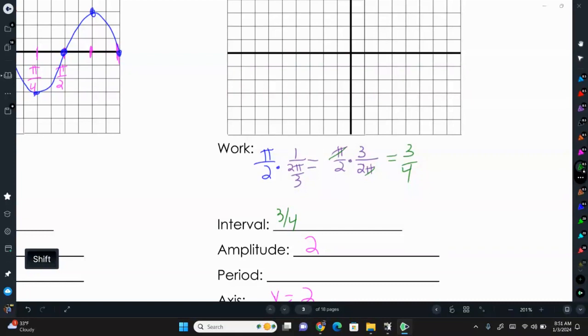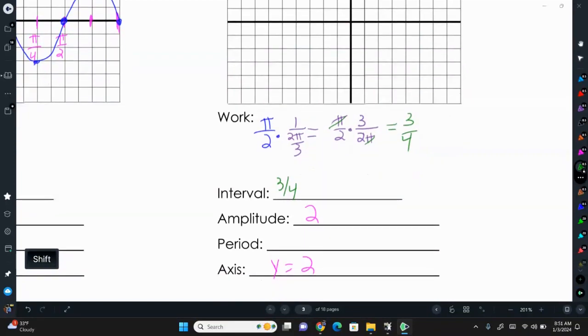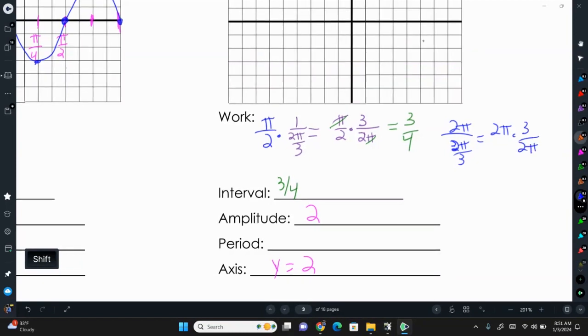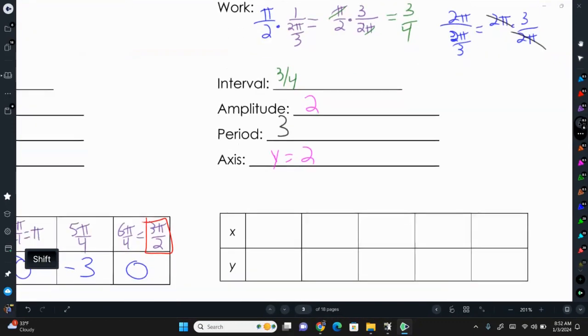Now for our period, you could take your interval and multiply it by 4 to get your period. That will be one way to get it, or 2 pi over 3, which is 2 pi times 3 over 2 pi. The 2 pi's would cancel, and you're left with just 3. So now in our table, we're starting at 0, and our interval is 3/4.